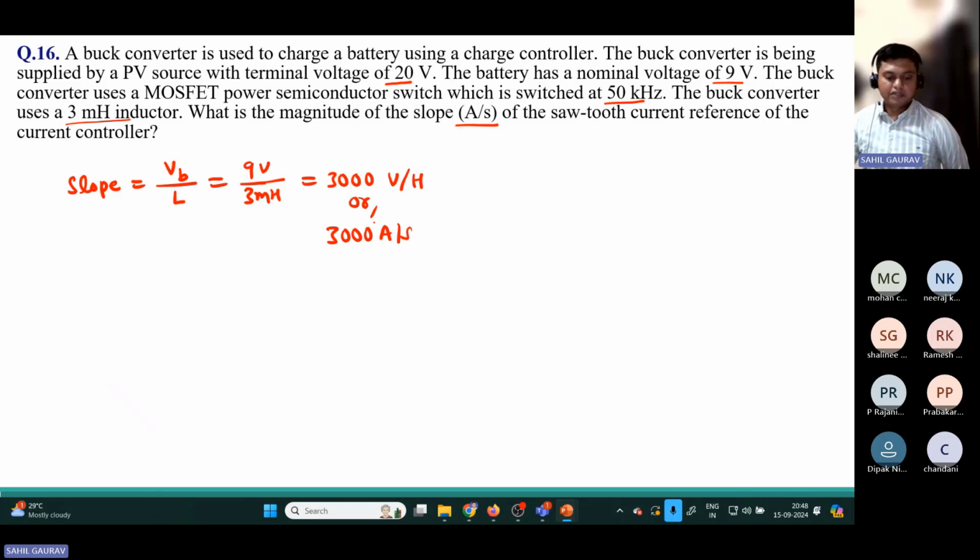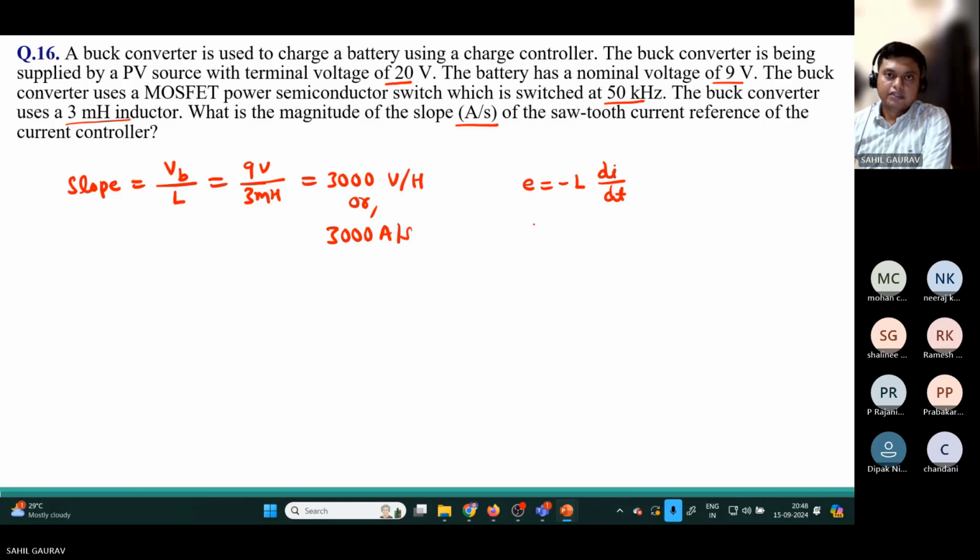How does it come as ampere per second? If we want to get it in ampere per second, then what can you use? From here you can get the EMF equation, which is V equals minus L di upon dt.